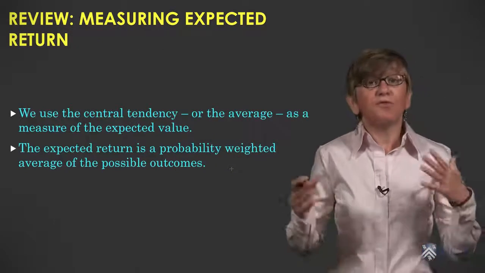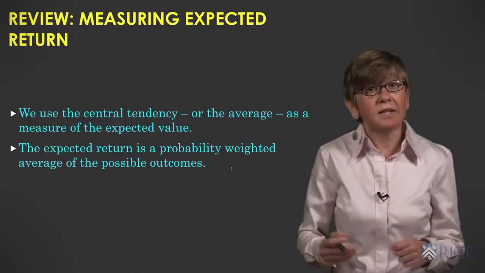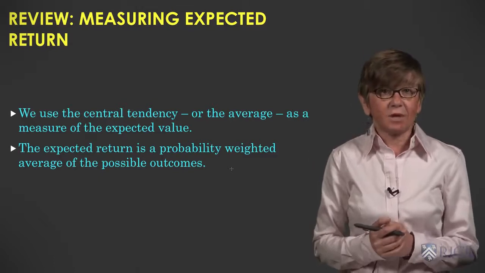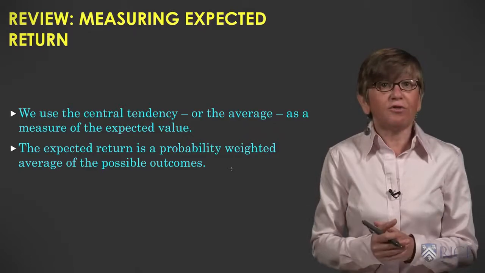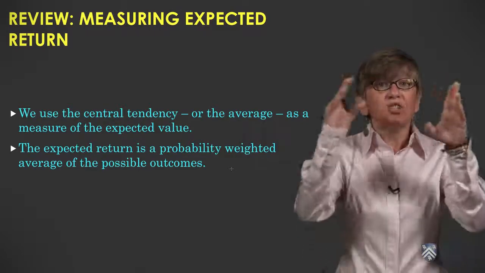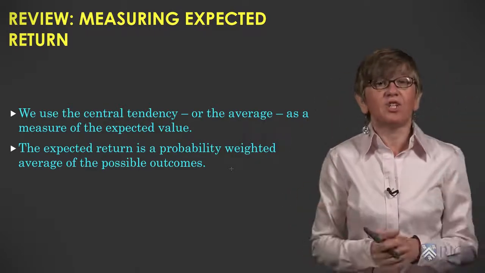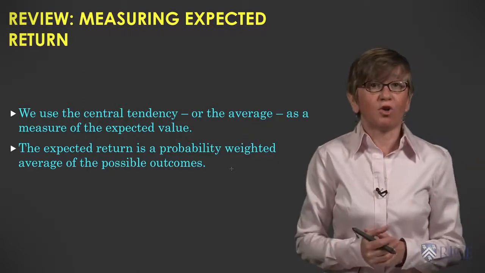Right, so let's first recall how we measure the expected return for a single asset. Remember that given a distribution of returns, we use the central tendency or the average as the measure of the expected return.